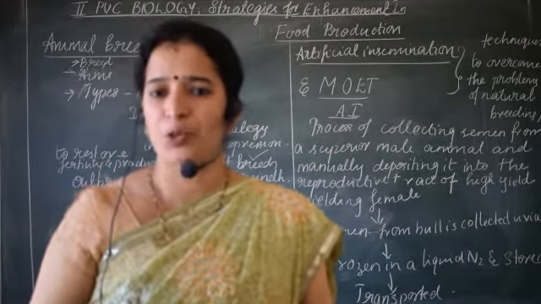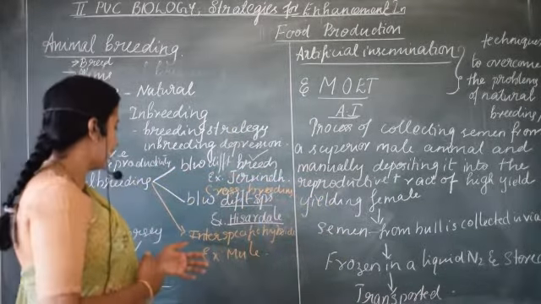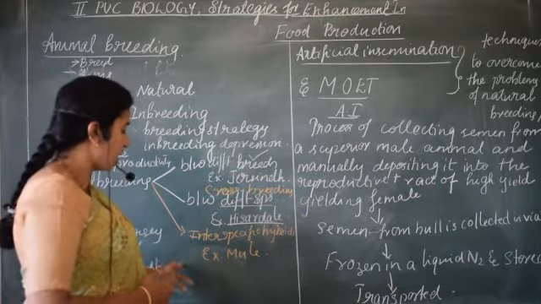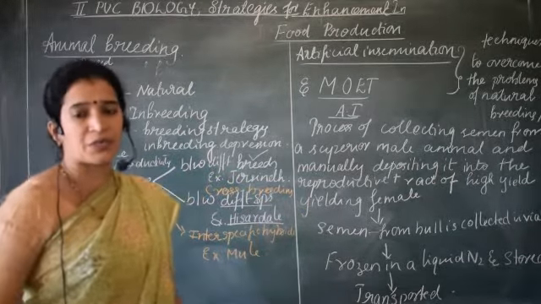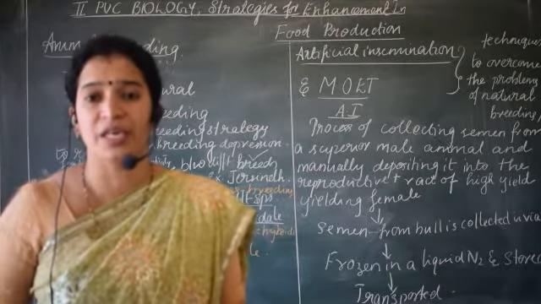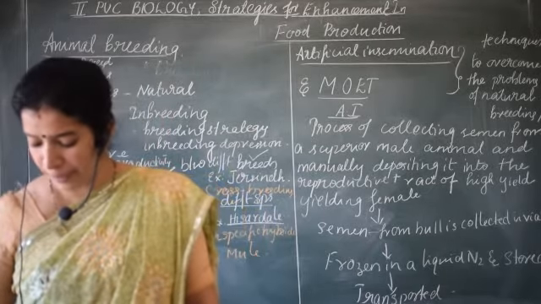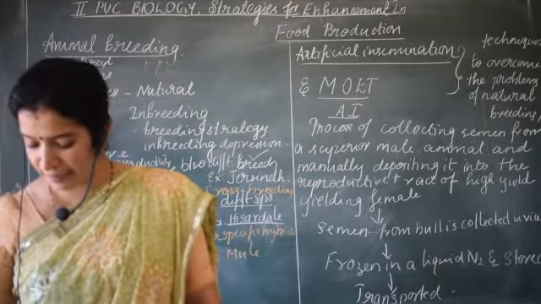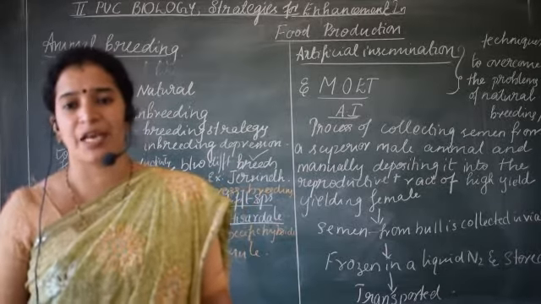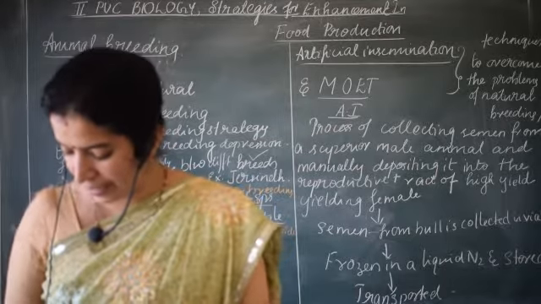An example is the mule, which is developed by crossing a female horse and a male donkey. So this is how the mule was obtained. You can see the picture of a mule given in the textbook. The mule is an example of interspecific hybridization, a new breed developed as a result of it.